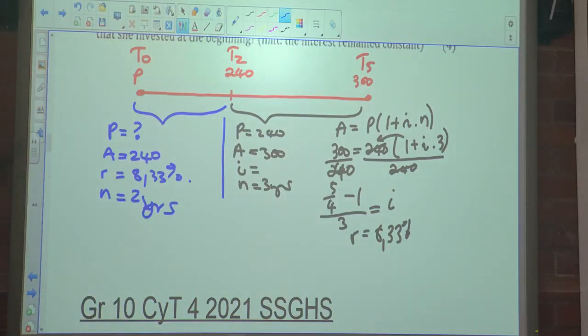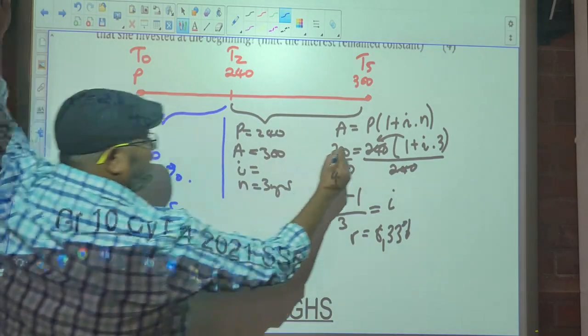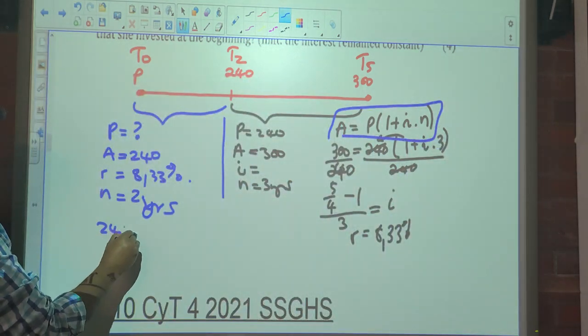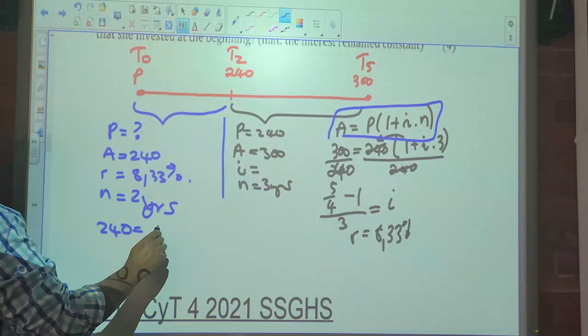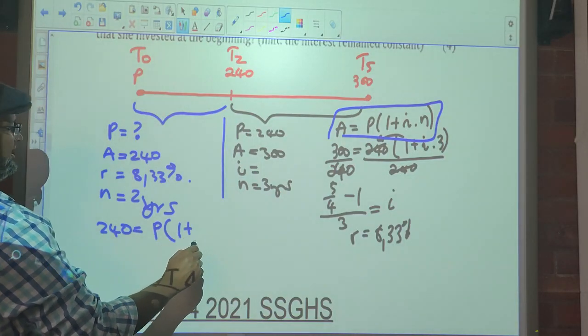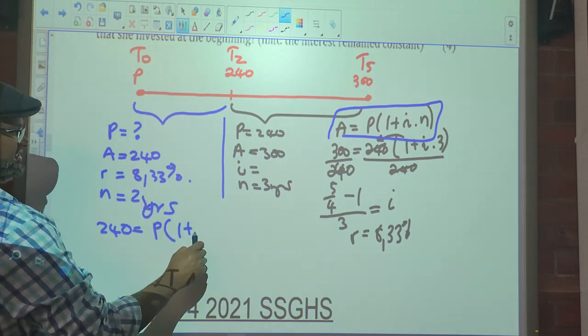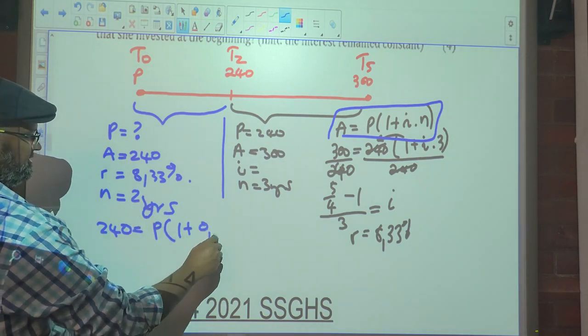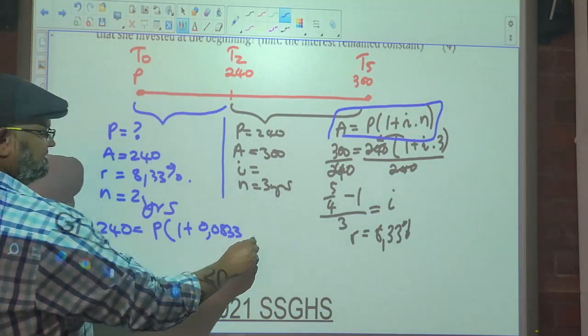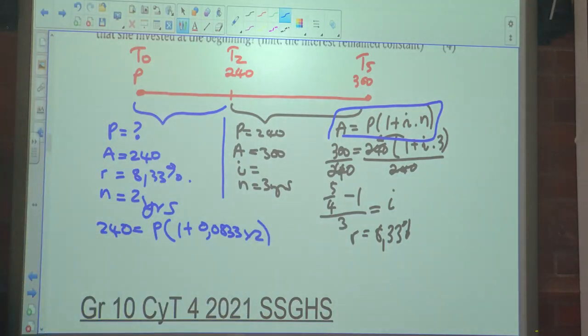So again, my formula A is equal to P into 1 plus I times N. The A value, of course, is 240 rand, equal to P, which is what I'm calculating, into 1 plus I, which is 0,0833, times 2 years.